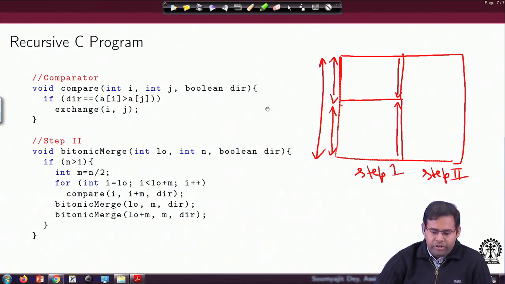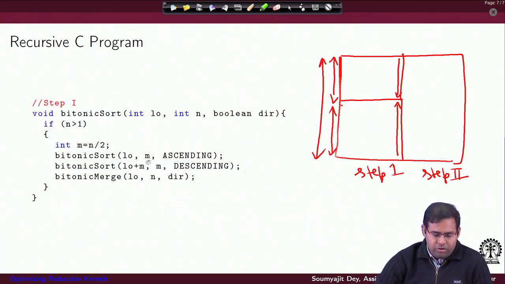All we need to do is recursively call the Bitonic sort on smaller instances, and finally the Bitonic merge function is the function which is going to do the job for us, because, I am just repeating here, step 2 or the merge is going to be the fundamental thing. Effectively that's doing the sorting for you on the smaller instances and just flowing it out on the larger values.